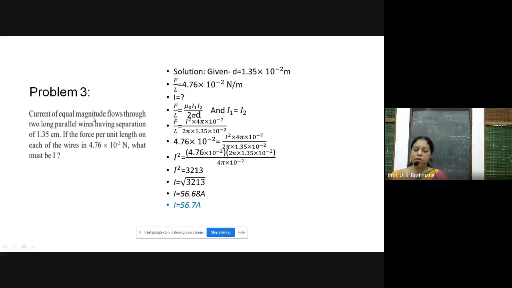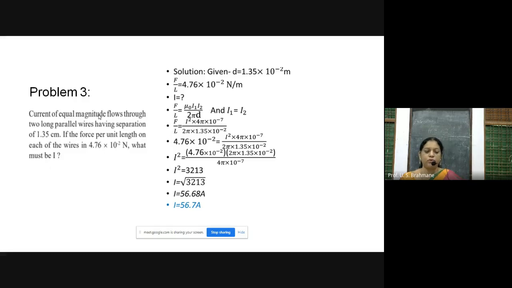We have seen in theory what the force per unit length is. When two parallel wires have current in the same direction, we have a force of attraction, and if they are in anti-parallel directions, we have a force of repulsion.